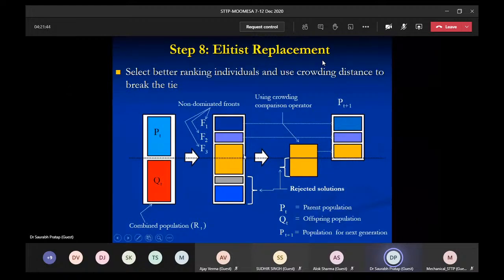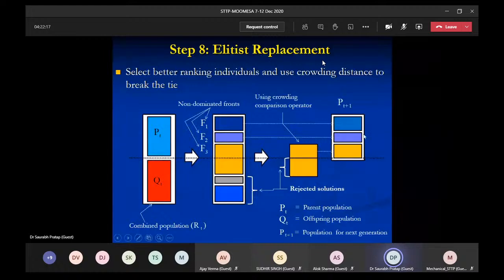Now you can see that initially F1 and F2 are okay, and F3, sorry, below these two fronts are not getting selected, meaning these are the worst solutions, so we can reject them. After that, because we have to select n members of the population, among these we can say that F1 and F2 can be selected, and from F3 we have to select this portion.